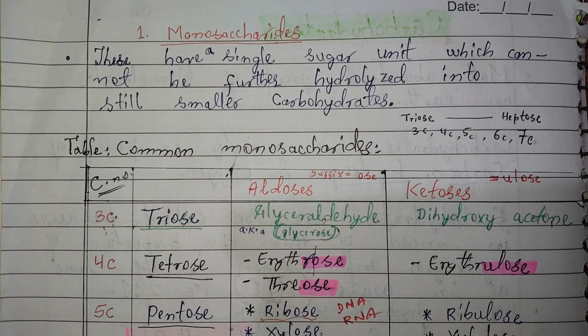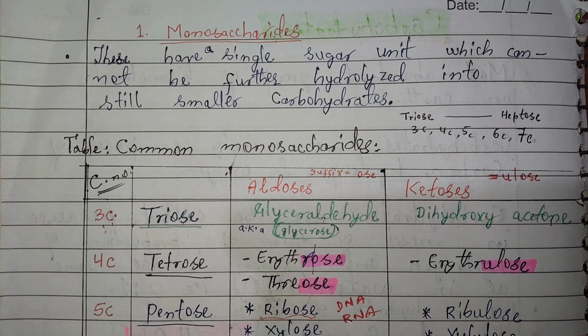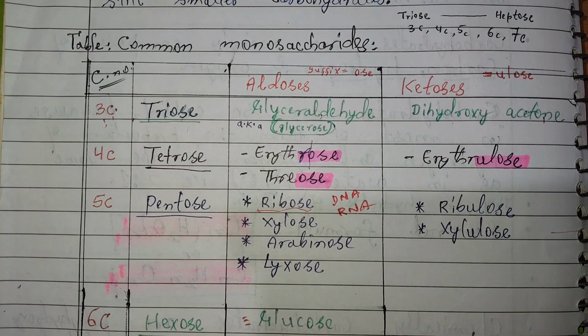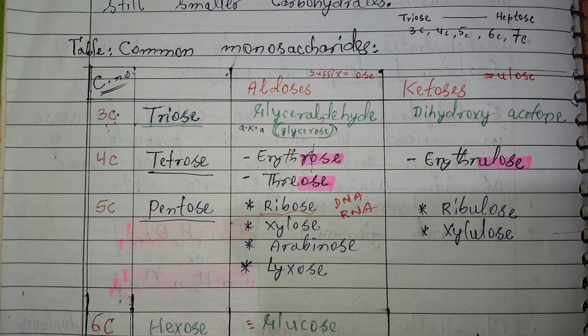Following is the list of some common monosaccharides. As we stated in the previous lecture, carbohydrates are polyhydroxyaldehydes or polyhydroxyketones, meaning they have a polyhydroxy condition. In order to achieve the polyhydroxy condition, a molecule should possess at least 3 carbon atoms in its backbone.